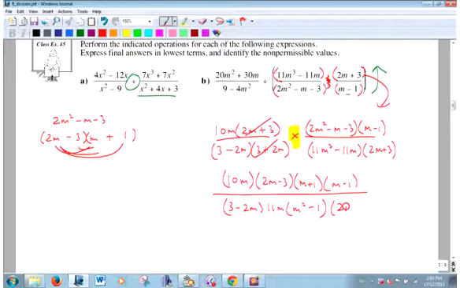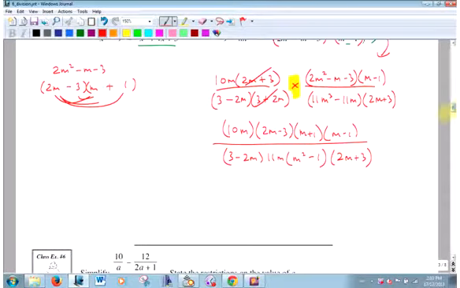And then my good old 2m plus 3, but I already canceled that one away. Okay, what now? Anything we can cancel? Got a 10 on the top, got an m on the top, got an m plus 1, m minus 1, 2m minus 3. Yeah, there's a difference of squares.